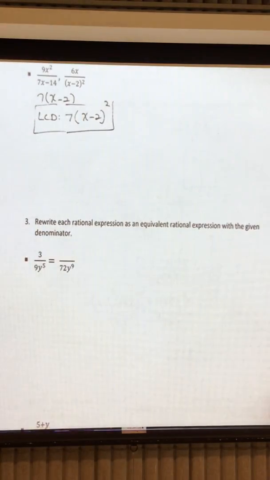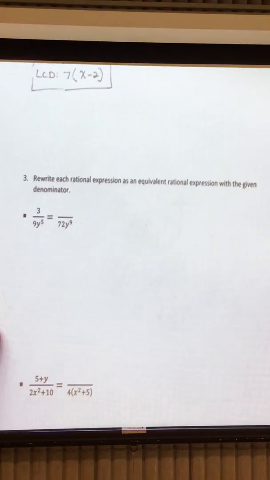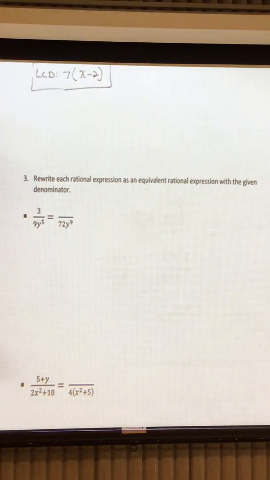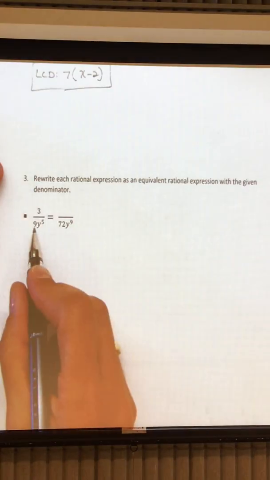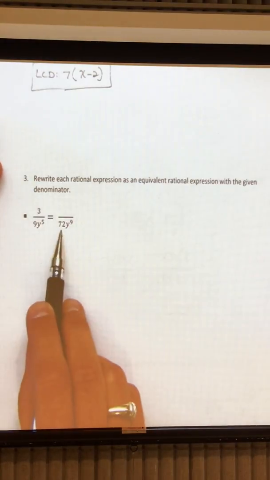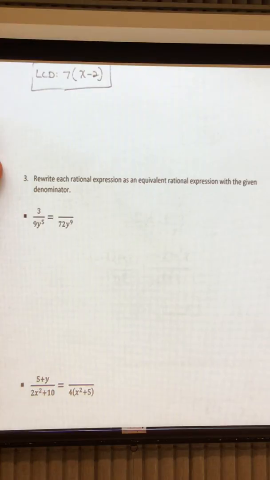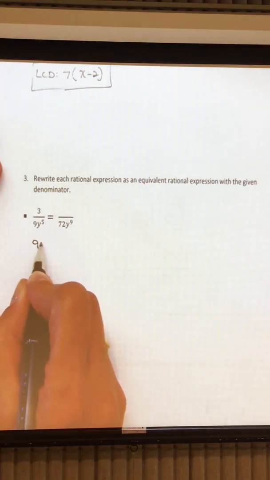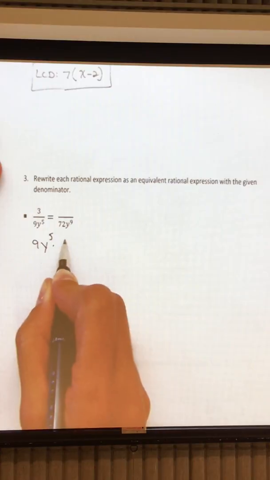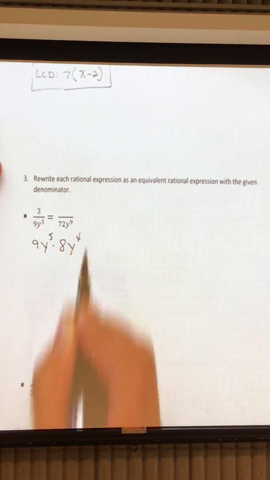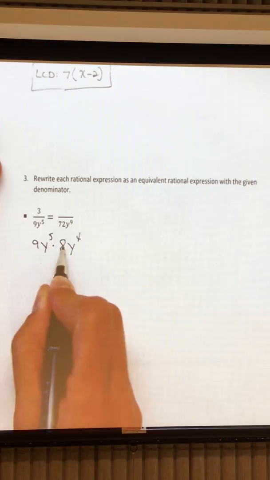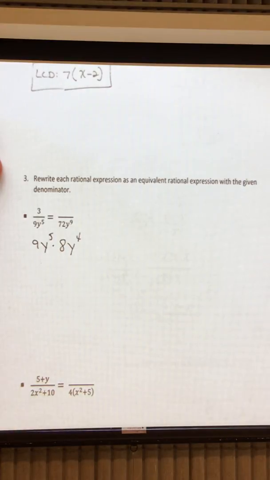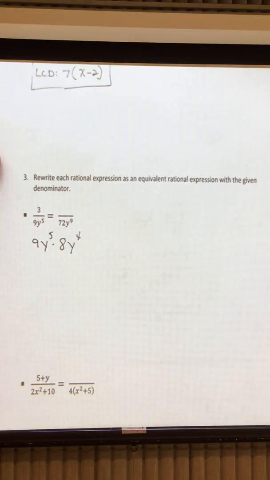Number 3, rewrite each rational expression as an equivalent rational expression with a given denominator. So here for 9y to the 5th to equal 72y to the 9th, we multiply 9y to the 5th by 8y to the 4th. So when we multiply 9y to the 5th times 8y to the 4th, we have 72y to the 9th. Therefore, you multiply the numerator and denominator by the 8y to the 4th.